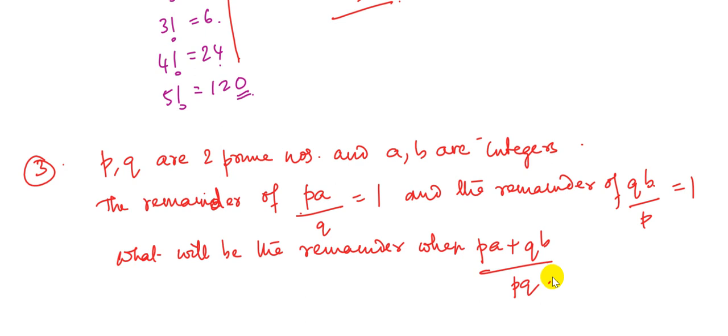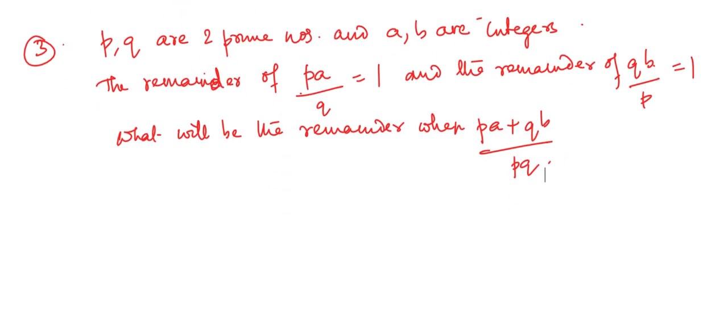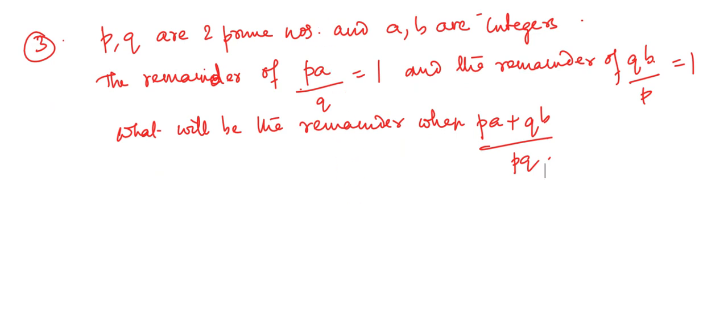So the remainder will just simply get added. No. See, you have to understand how to attack these kinds of problems. This is a problem based on the basic remainder theorem. Now, when I say the remainder of PA divided by Q is 1, what does it mean?